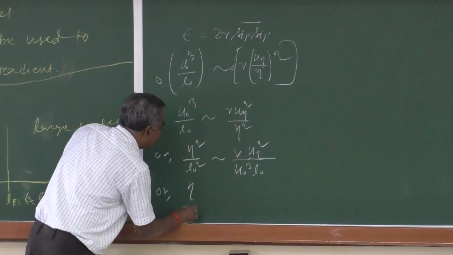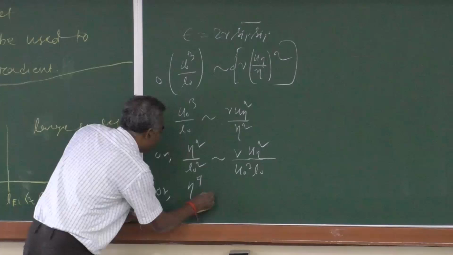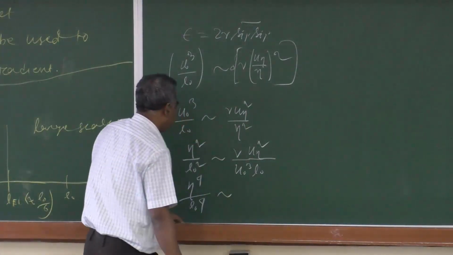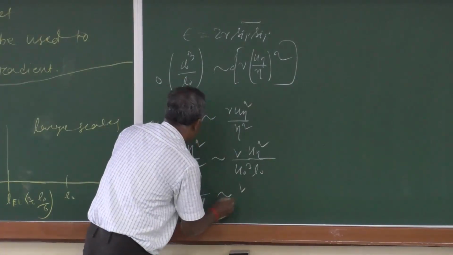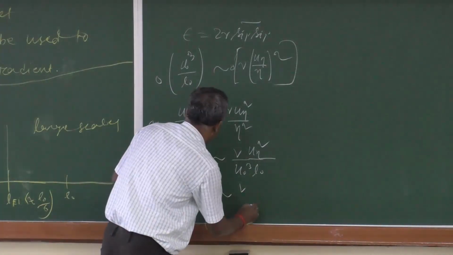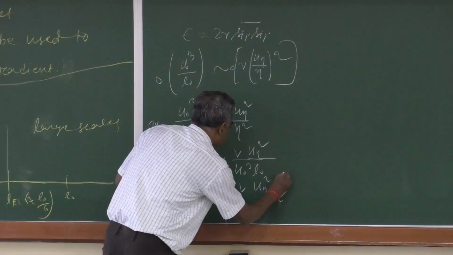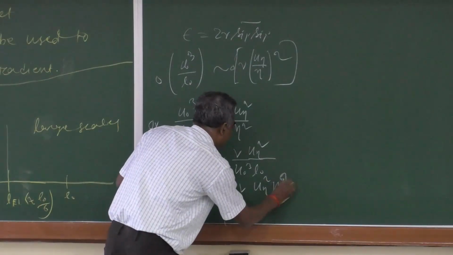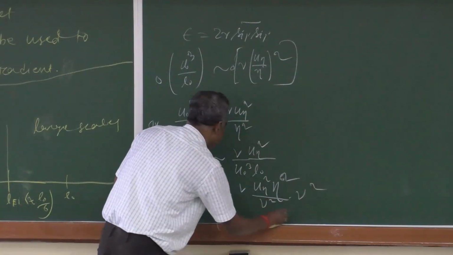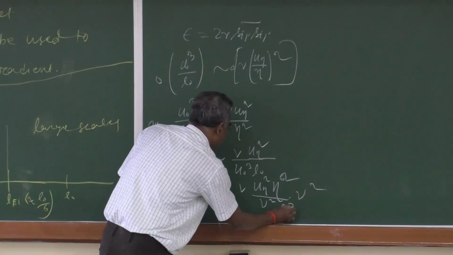So, let us write this as eta to the power 4 and L naught to the power 4. Let us see what we get. Okay. So, that means u eta square and eta 4, that means eta square will come here, and let us say with nu square, and one nu square you take it, and L naught was there. So, this is going to be L naught 3, right.